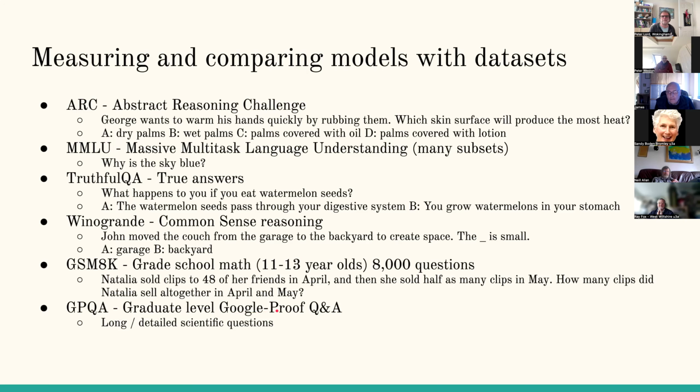And it says graduate, but it's really PhD students. It's a set of questions which have long, detailed questions about physics and biology. If you take these sorts of molecules, how do they react with other sorts of molecules? All these sorts of PhD-level questions.